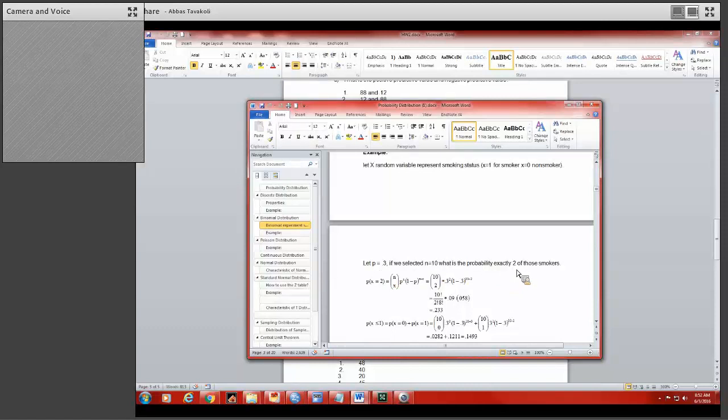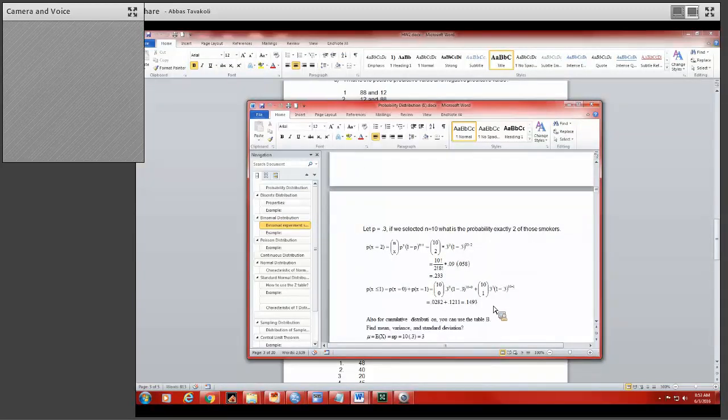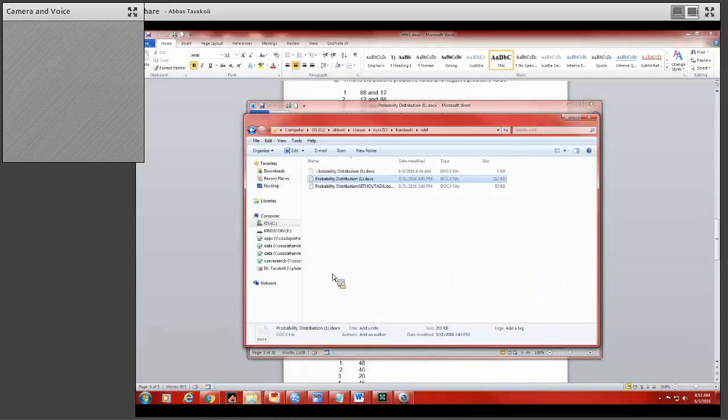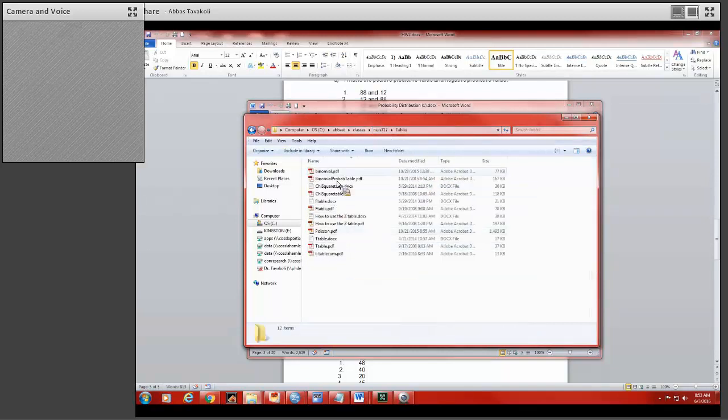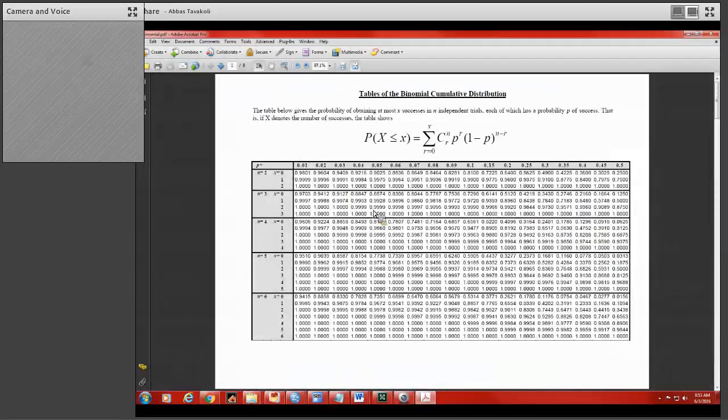When we want to find the probability for something, we replace x with that and just calculate this function. For example, here our p was 0.3 and n was 10, and we wanted the probability of exactly 3, so we basically replace n by 10, p by 0.3, x with 3, and just calculate this.